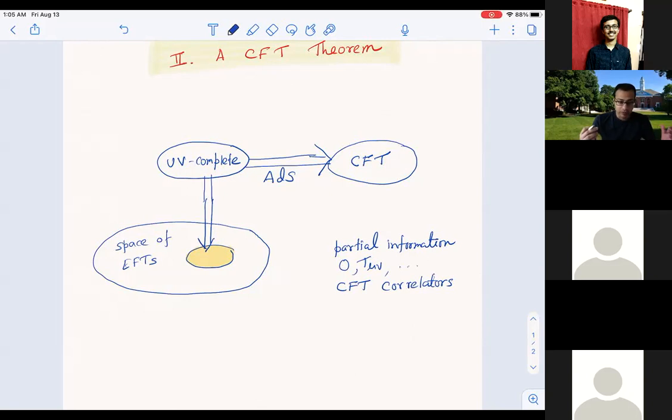But even though we can compute CFT correlators, mainly some CFT four-point functions, these four-point functions must satisfy many consistency conditions. That's because this information must be consistent with CFT axioms.